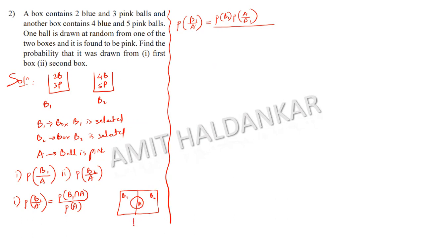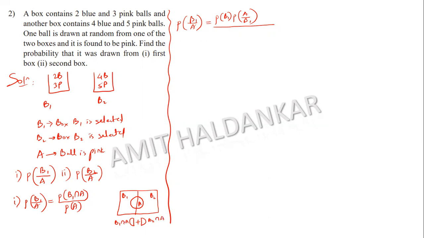So if I split this event into two parts, I will have two events: bag B1 is selected and I get A, and bag B2 is selected and I still can get A.